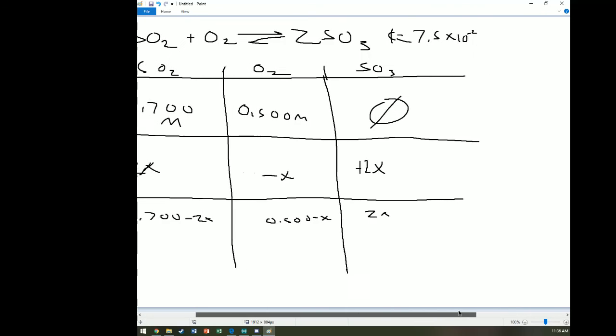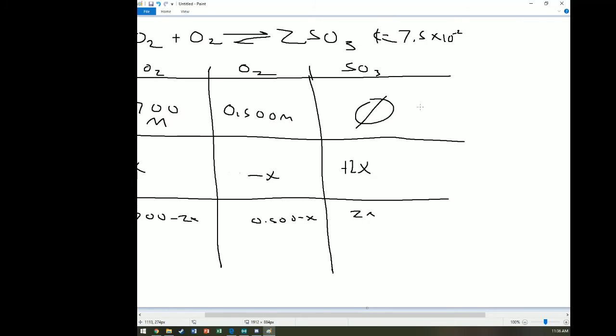Now we can plug this into our equilibrium expression, which we know that Kc equals SO3 squared over SO2 squared, and then O2.